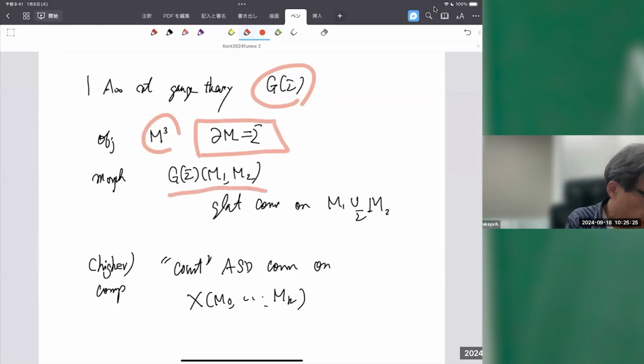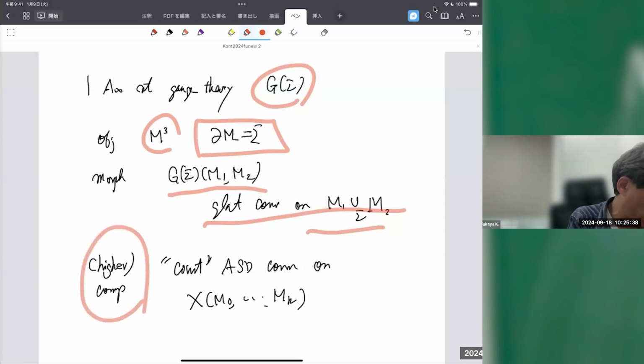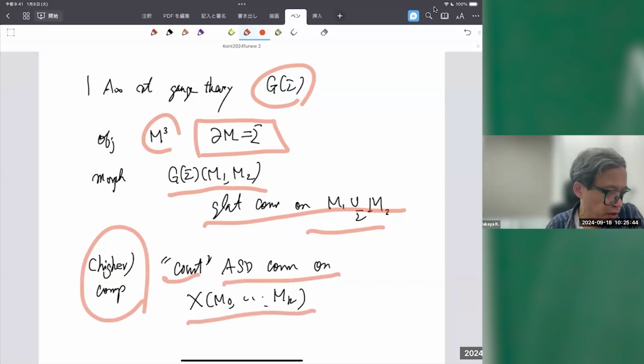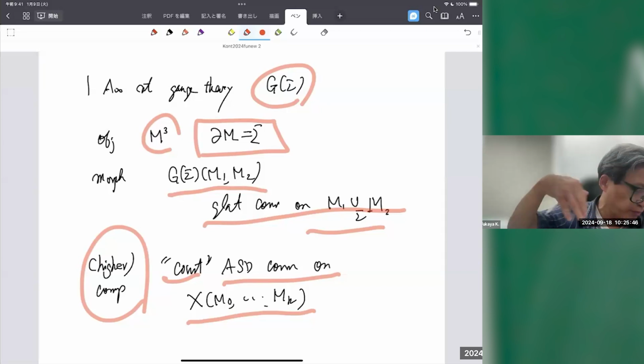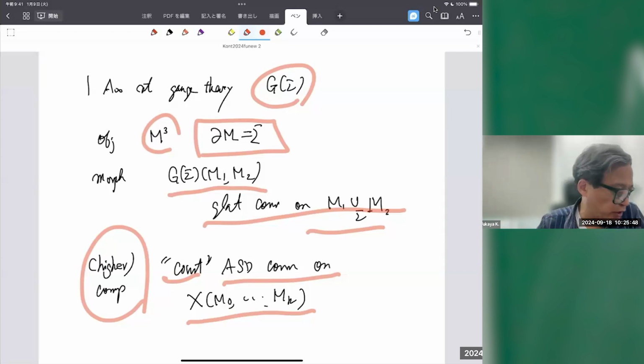The space of morphisms as an abelian group is a free abelian group generated by the set of flat connections of Mi and M(i+1). And the higher composition map counts ASD connections on this 4-manifold, which is obtained by some one-parameter family of domains together with Mi cross R glued. So you have this 4-manifold, fix asymptotic boundary conditions, and use ASD connections. So that is the infinity category.